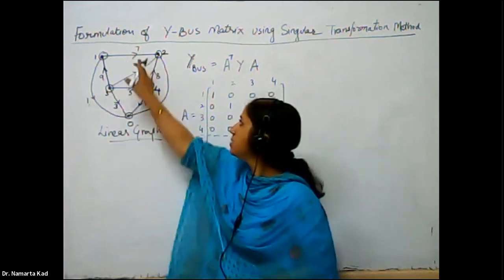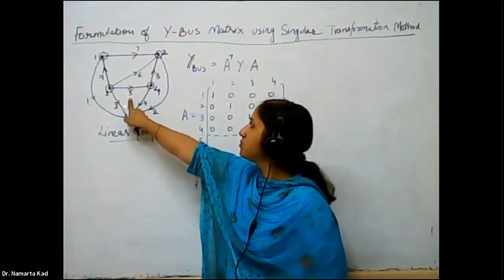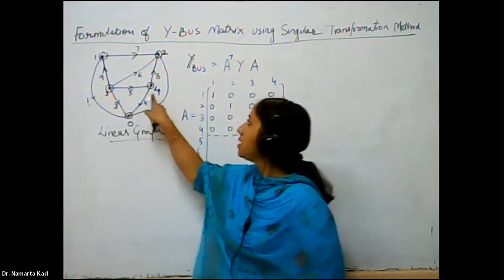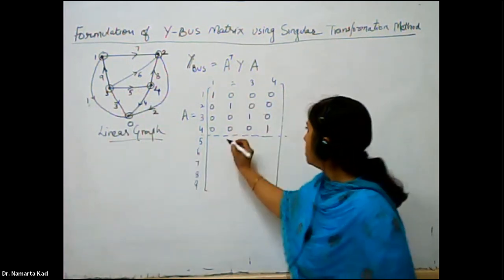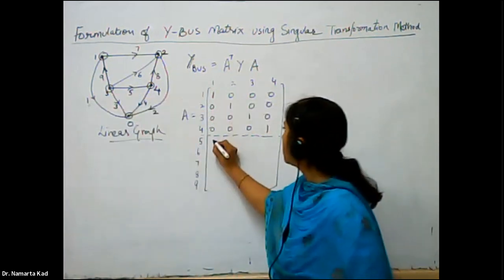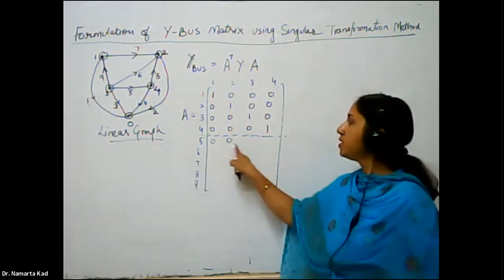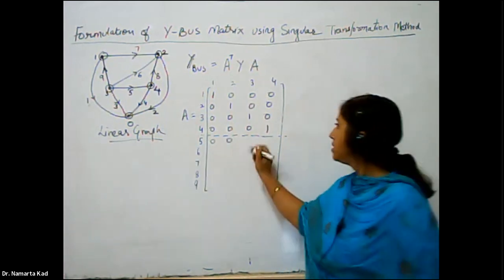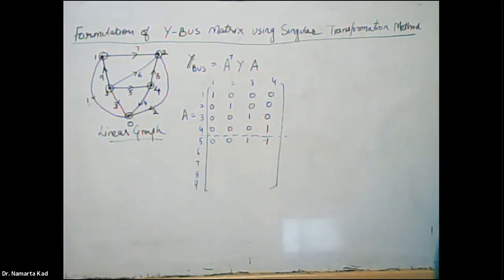This arrangement is called a co-tree. Now, as you see here, element number 5 is V3 minus V4, so it is connected between node 3 and node 4. The entries for 1 and 2 are 0, and here it is 1 and here it is minus 1.